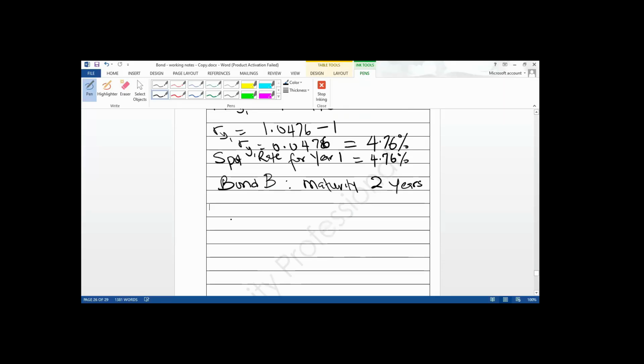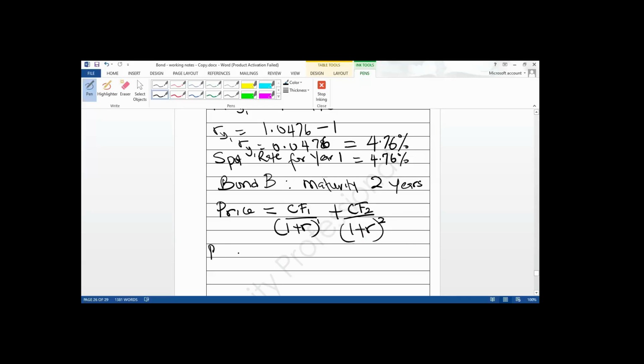Look at it. Price of a bond is equal to cash flow in year 1 divided by 1 plus R in year 1 raised to power 1, plus cash flow in year 2 divided by 1 plus R in year 2 raised to power 2. This bond is for 2 years, so we are going to stop at year 2.